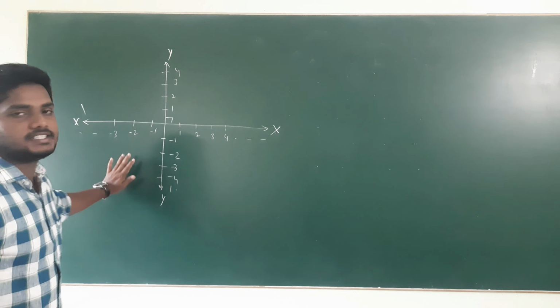Now, if I draw a vertical line which is perpendicular to the x-axis, like this. So I will draw a vertical line perpendicular to the x-axis, which passes through the point (3, 0). Now this vertical line is parallel to the y-axis or not?